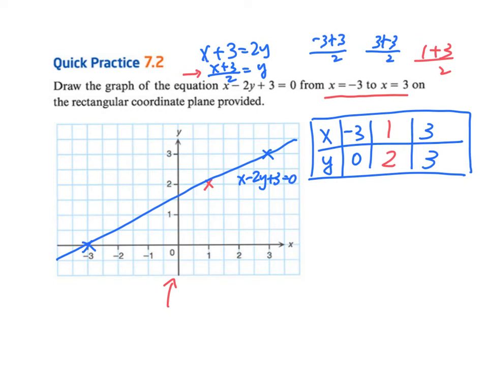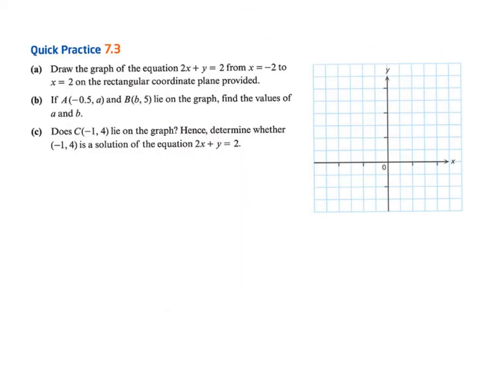Always remember, this one is a line. It is not a line segment. So focus on here. This is a line. This line is of endless length. This is not a line segment. So draw as long as you can. So this is quick practice 7.2.